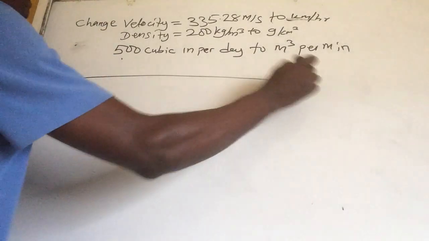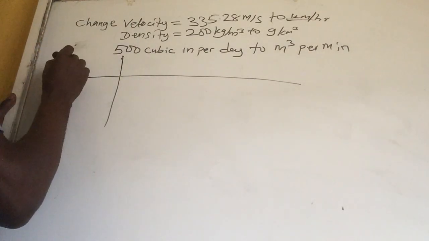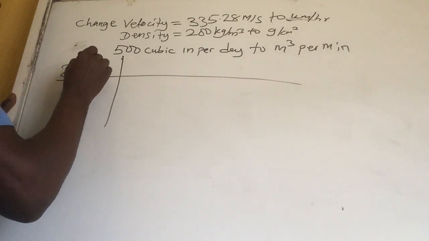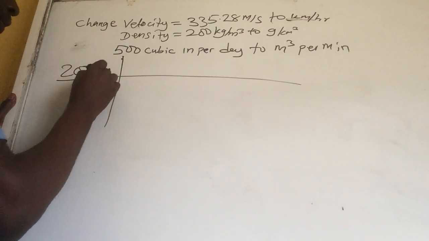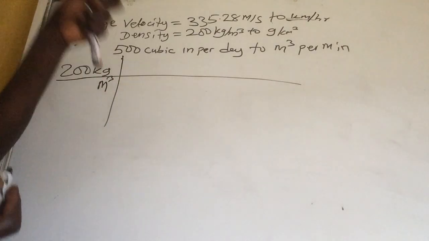You still draw the table. Now you put your 200 kilogram per meter cube. Now we start cancelling because we need it to be in cm cube.